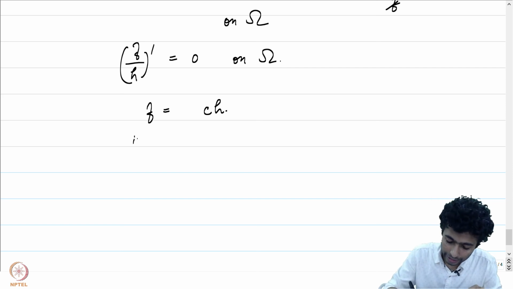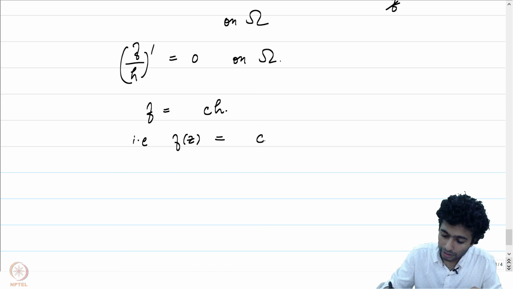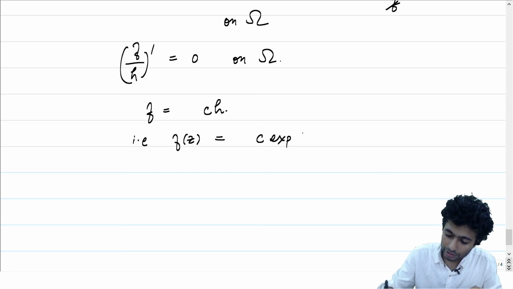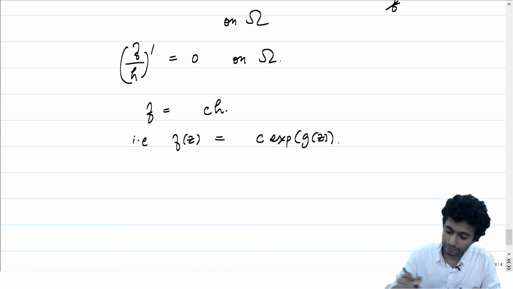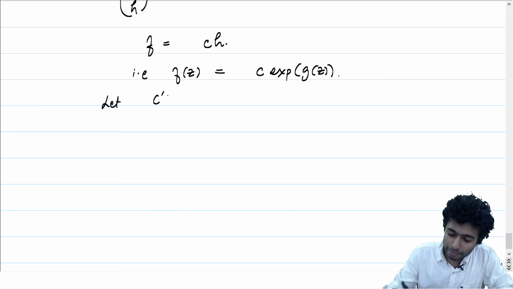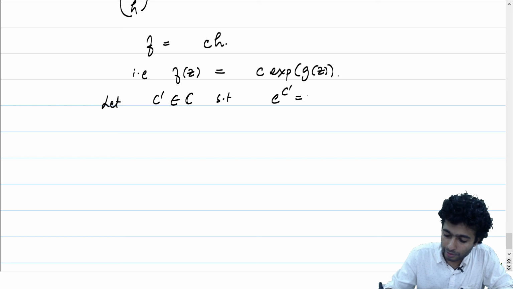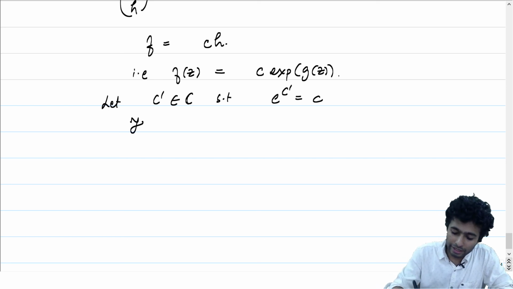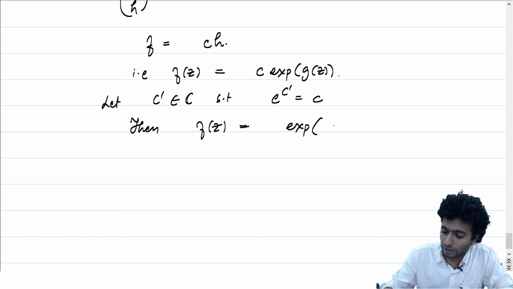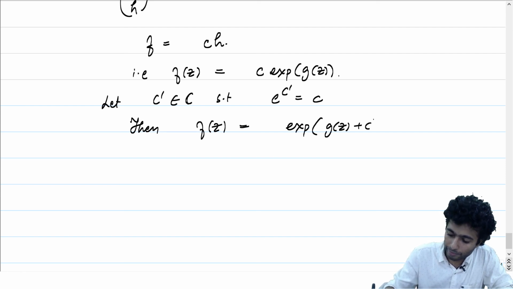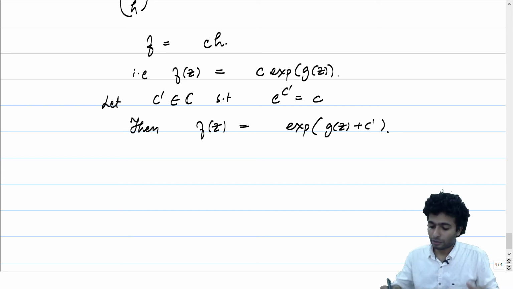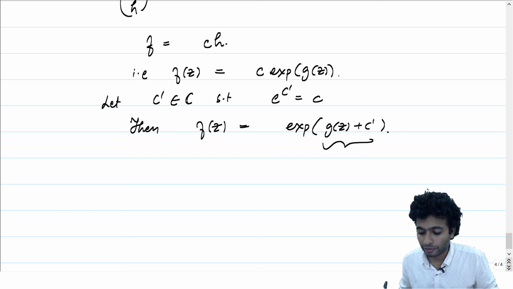That means f of z is equal to c times the exponential of g of z. Let c prime be some number such that e to the power c prime is equal to c. Then we have f of z is equal to the exponential of g of z plus c prime. That's precisely what we were trying to find out.